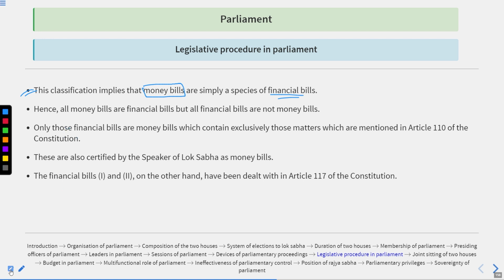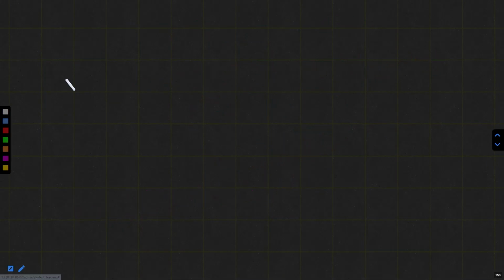Remember this. Like in reasoning, I had told you about Venn diagrams.